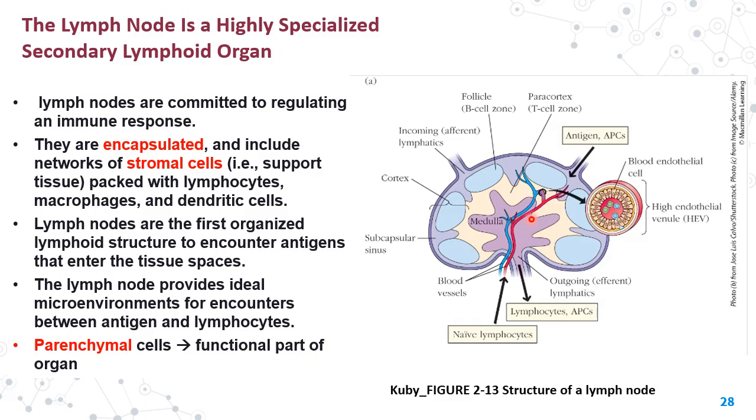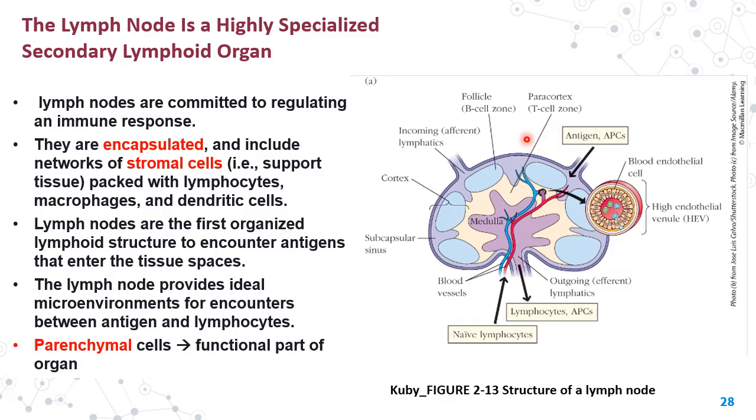But the idea here is when you get to that capillary bed, this is where you're going to find your specialized tall endothelial venules, the cells that are called high endothelial venules. Because remember, those cells are going to allow passage of your lymphocytes and other cells to get to the lymph nodes.